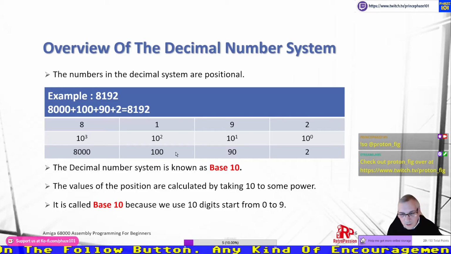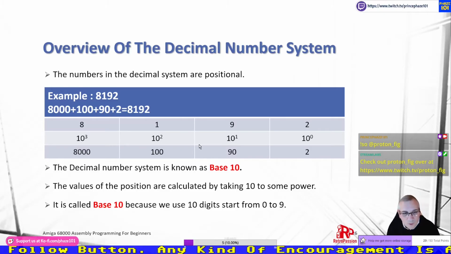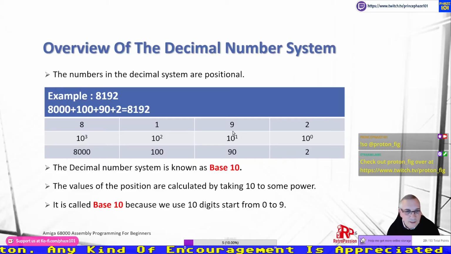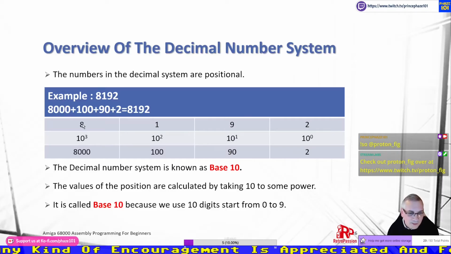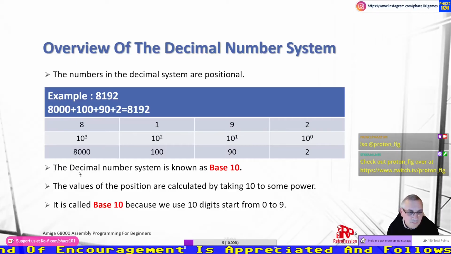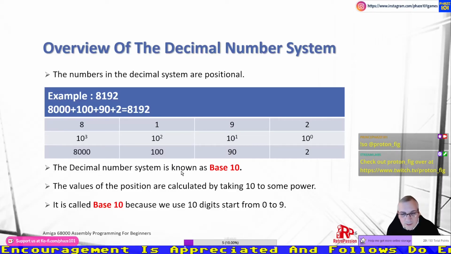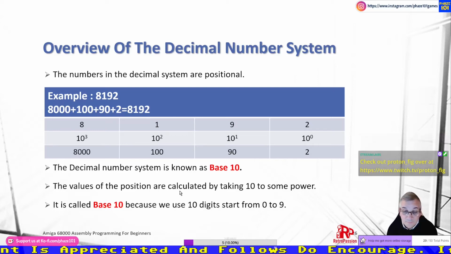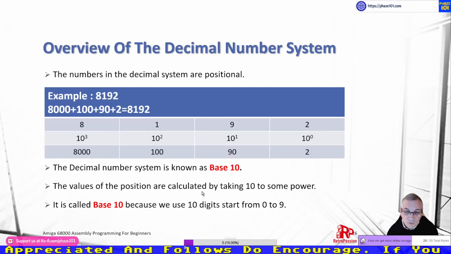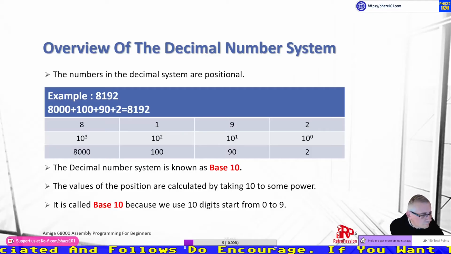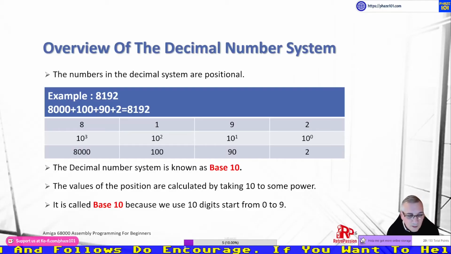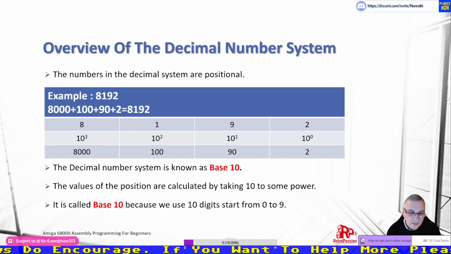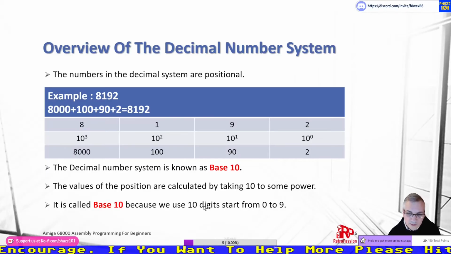If you add them all together, you get 8192. So the decimal number system is known as base 10. The value of the position is calculated by taking 10 to some power n. It is called base 10 because we use 10 digits starting from 0 to 9.